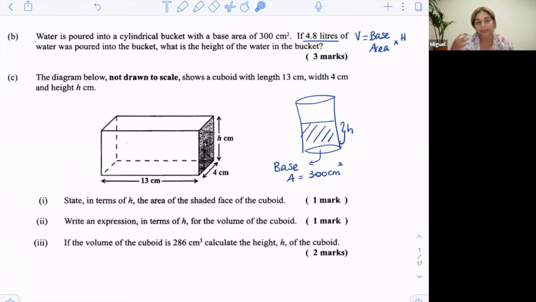So that means that although they gave you some information, you still have to do some working. So 1 liter is equal to 1,000 centimeter cube. The first thing I want you to work out for me is 4.8 liters. So you multiply 4.8 by 1,000. So work out that for me first.